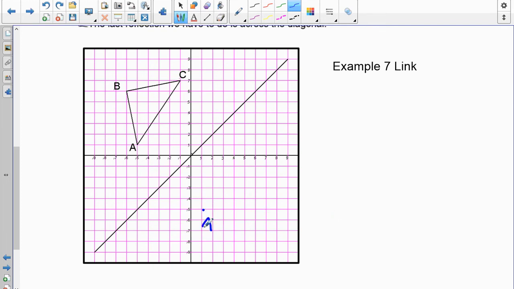So as long as you're going diagonally right across it, it works. So 1, 2, 3, 4 to the line, 1, 2, 3, 4, that's your C prime. B is 1, 2, 3, 4, 5, 6, 1, 2, 3, 4, 5, and here is your B prime right there.